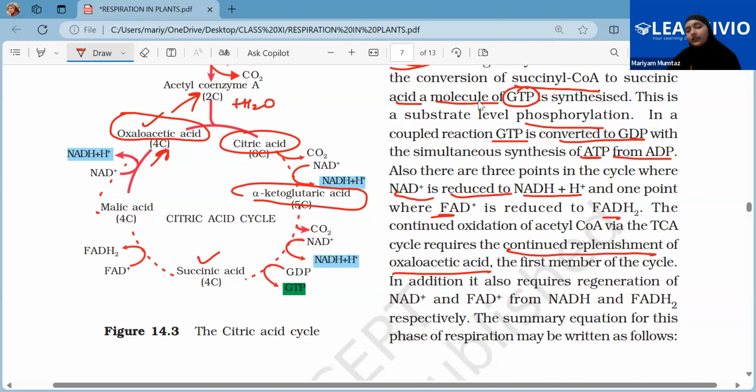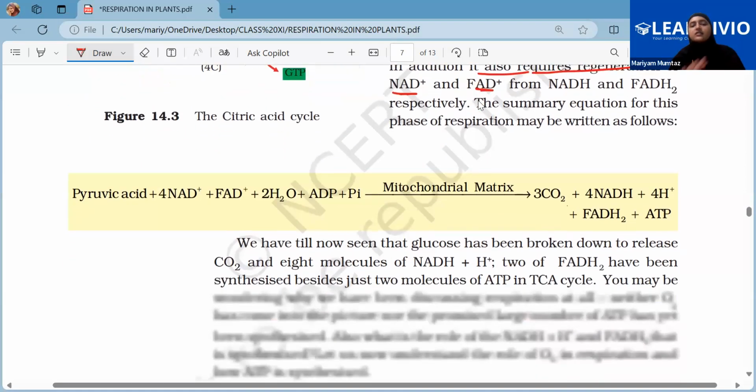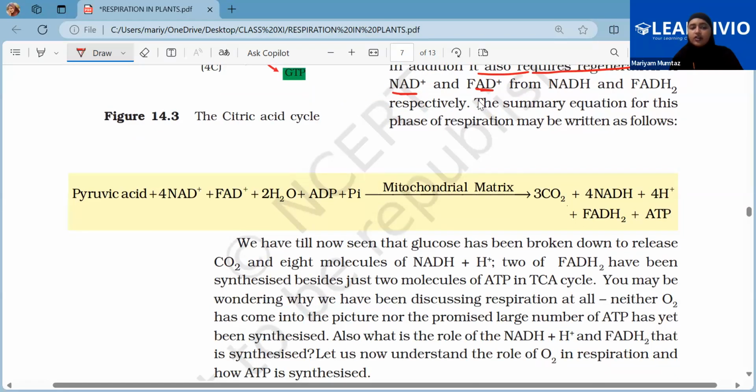In addition, it also requires regeneration of NAD plus and FAD plus from NADH and FADH2 respectively. The summary equation for this phase of respiration may be written as follows. Now, this is the entire summary for the reaction of the Krebs cycle. That is, pyruvic acid along with 4 NAD plus, 1 FAD plus, 2 molecules of H2O and ADP plus inorganic phosphate.